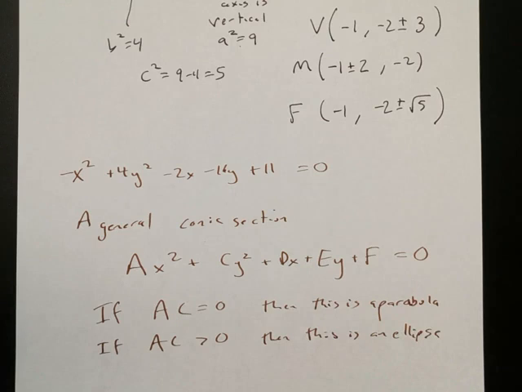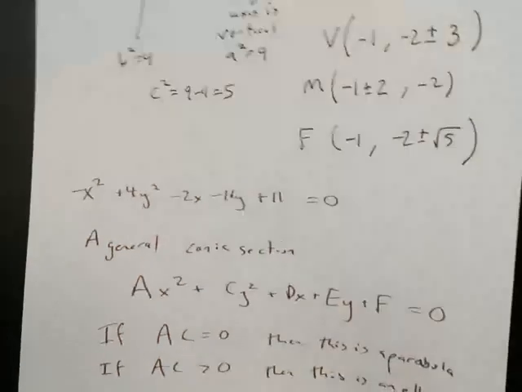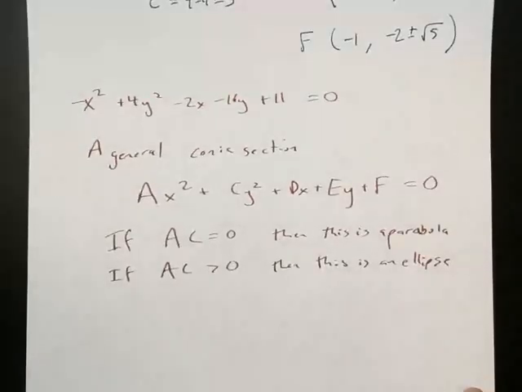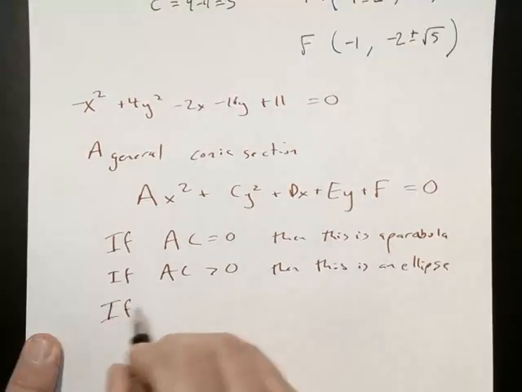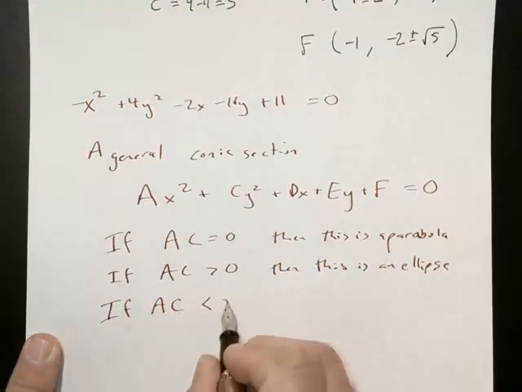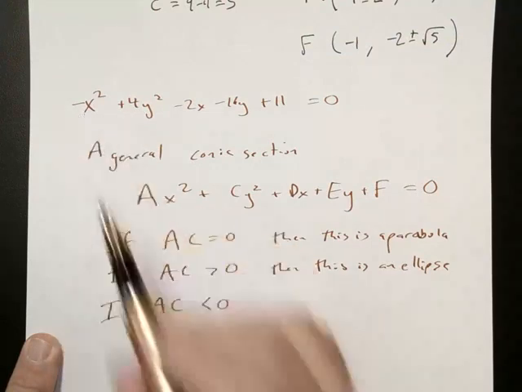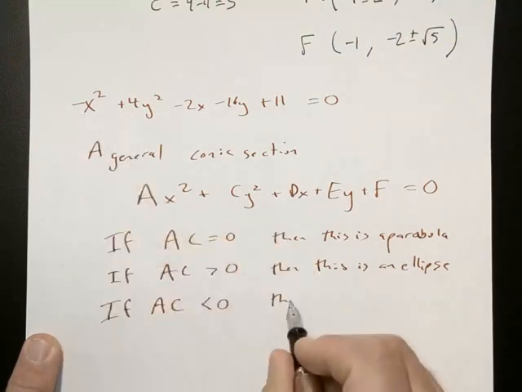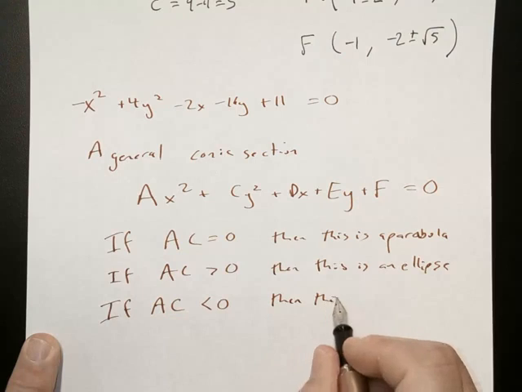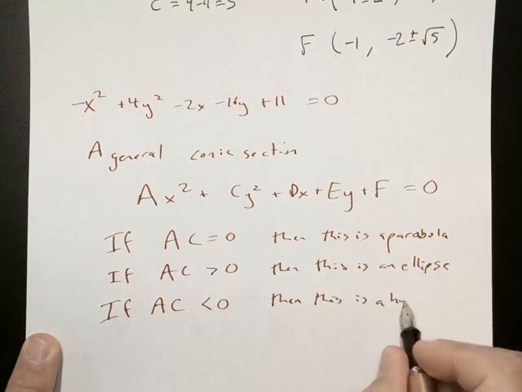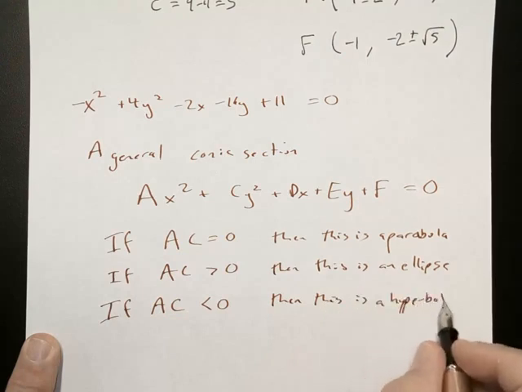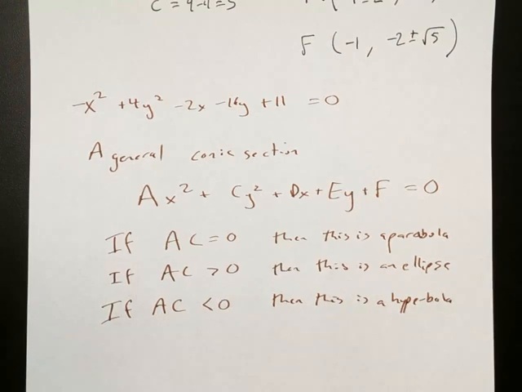If the product of the quadratic coefficients, the A and the C, is positive, we have an ellipse. And Dominic, you're exactly right, because if we multiply those two numbers, we get something negative, -1 times 4, then this is a hyperbola.